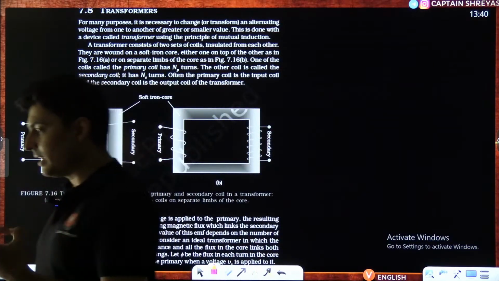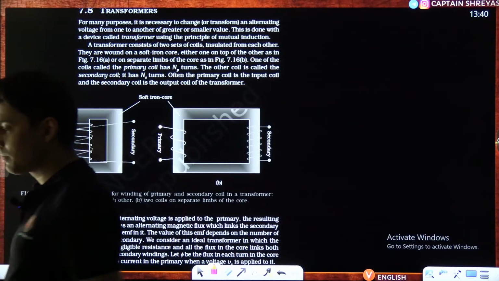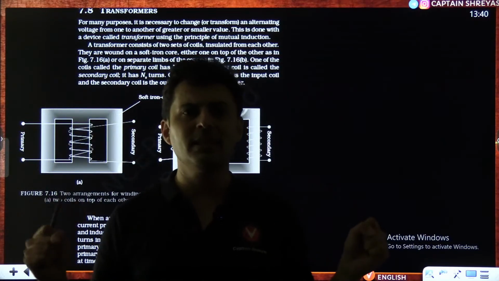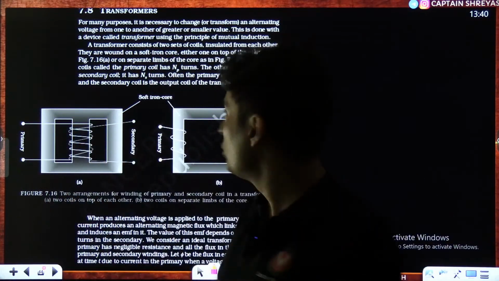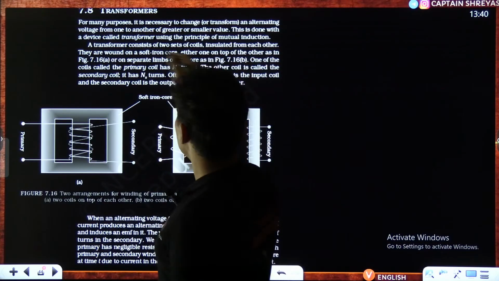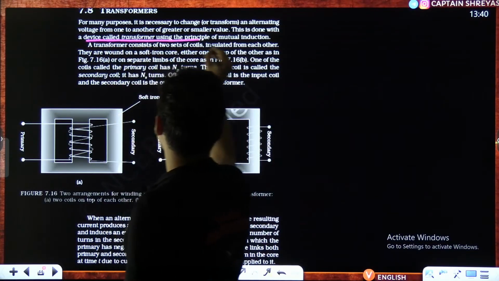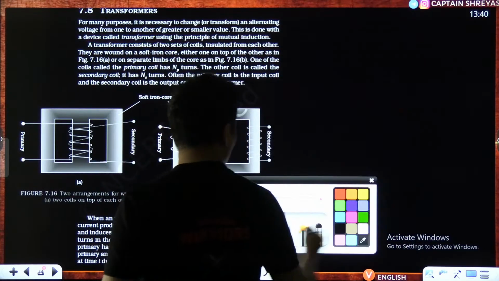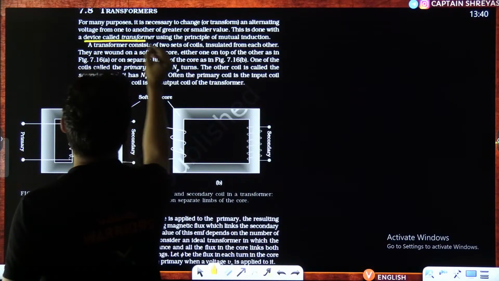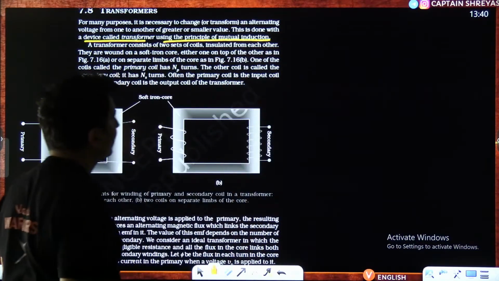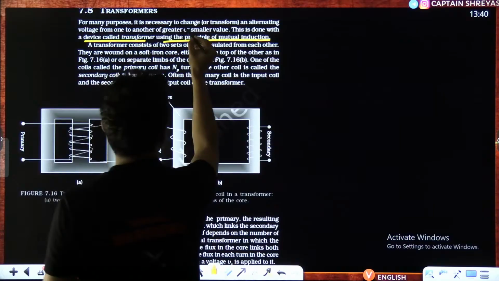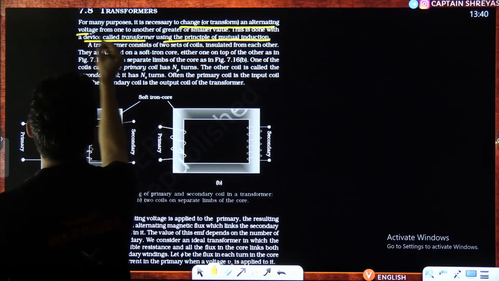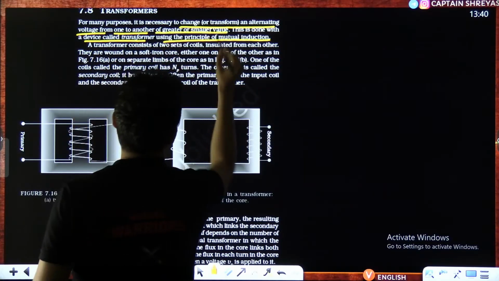So the transformer made it possible. A transformer is based on the principle of mutual induction. Very, very important. It is used to change the AC voltage from one value to another value.